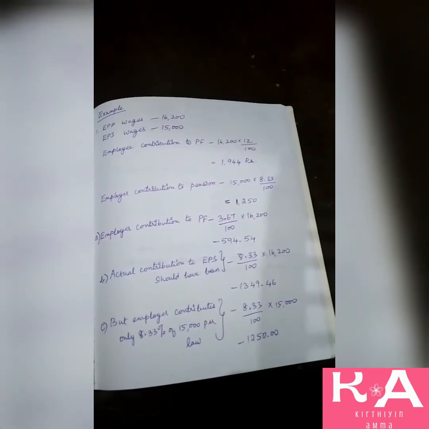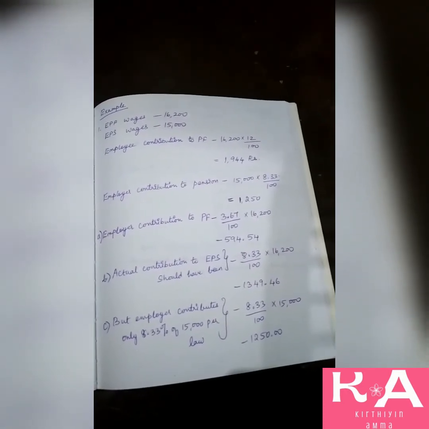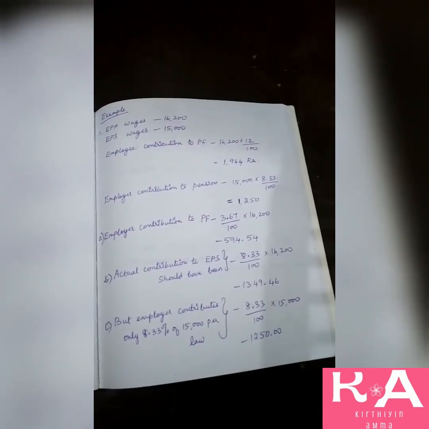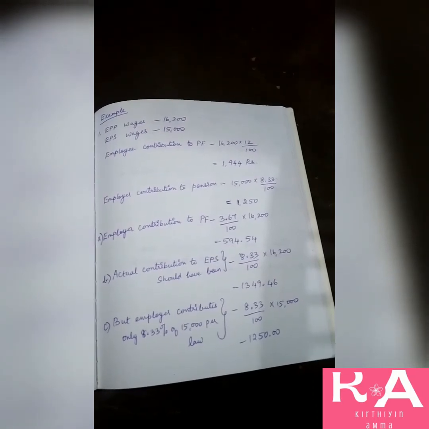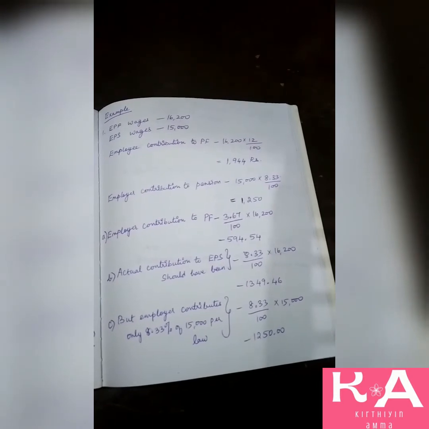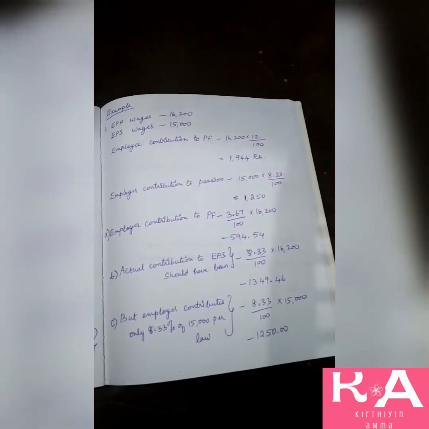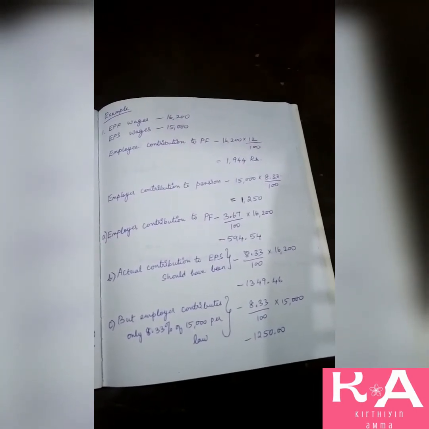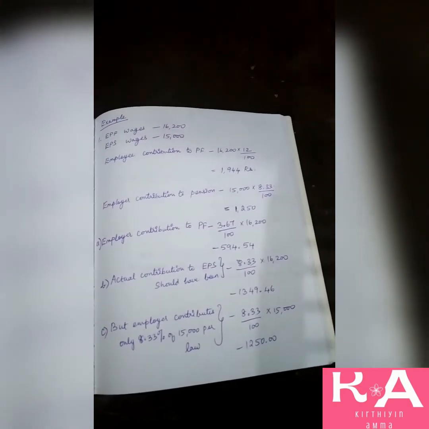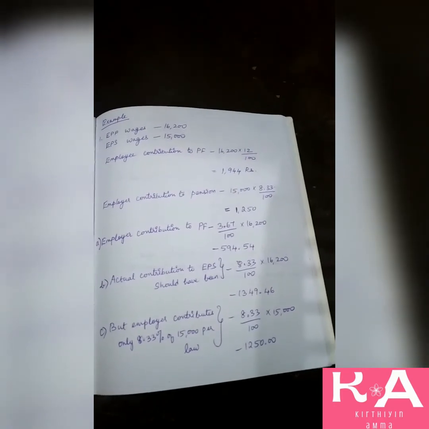So of that, the employer should have contributed 8.33%, which comes to 1,349.46. But the employer contributed only 8.33% of 15,000 as per law. How much has he contributed?